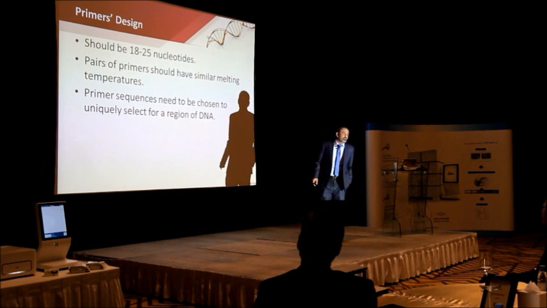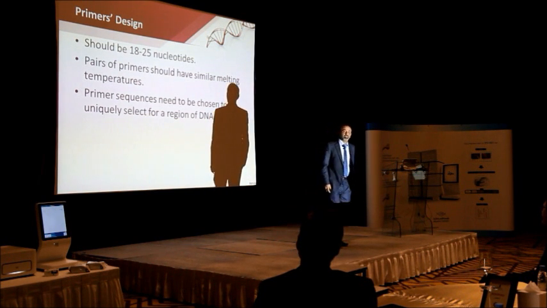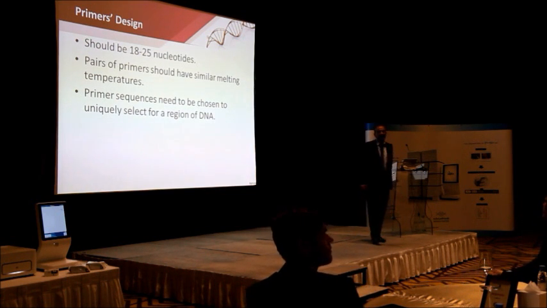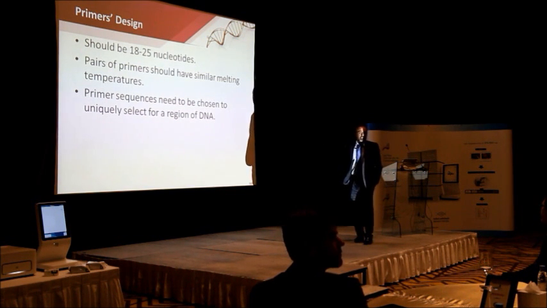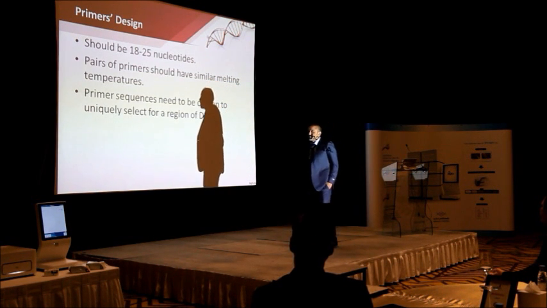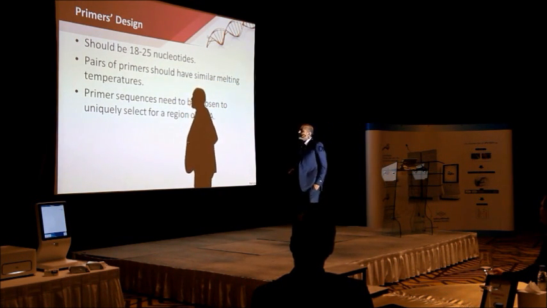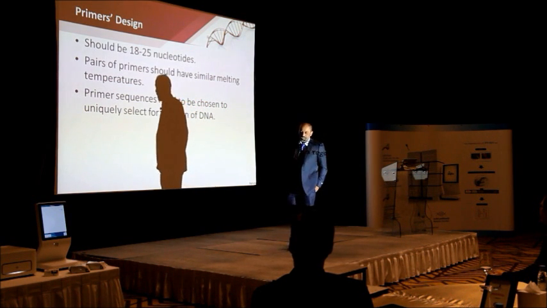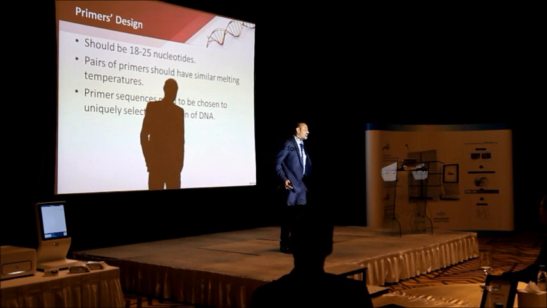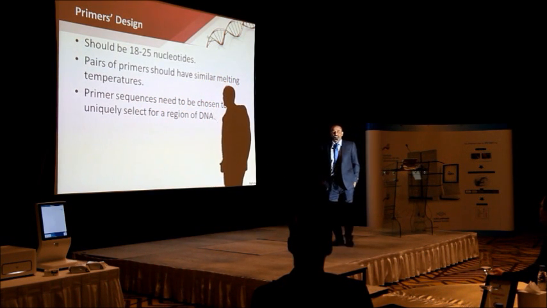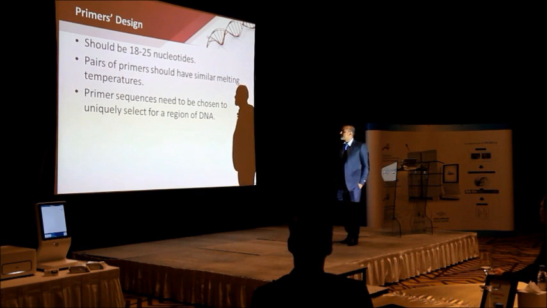Primer design is one of the problems of PCR, so you have to be very careful when you design primers, otherwise you will end up with primer dimers in your reactions. Although the kits from the companies are well designed, in-house assays still suffer from these problems.